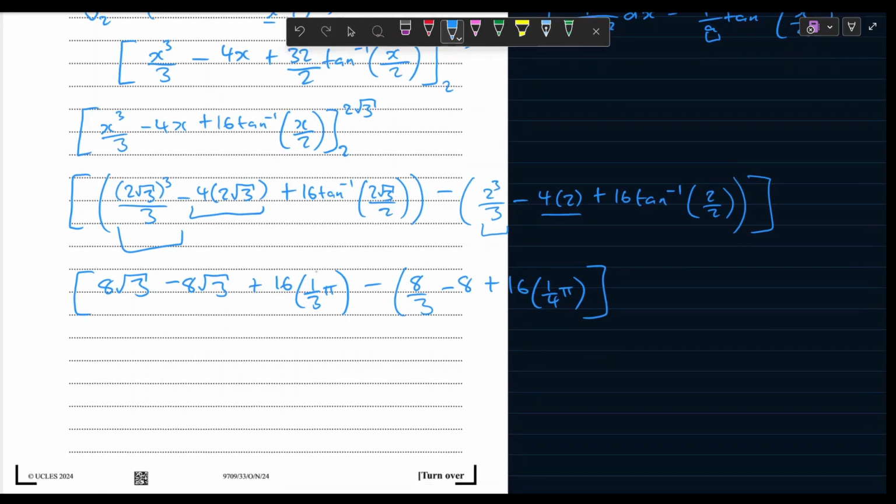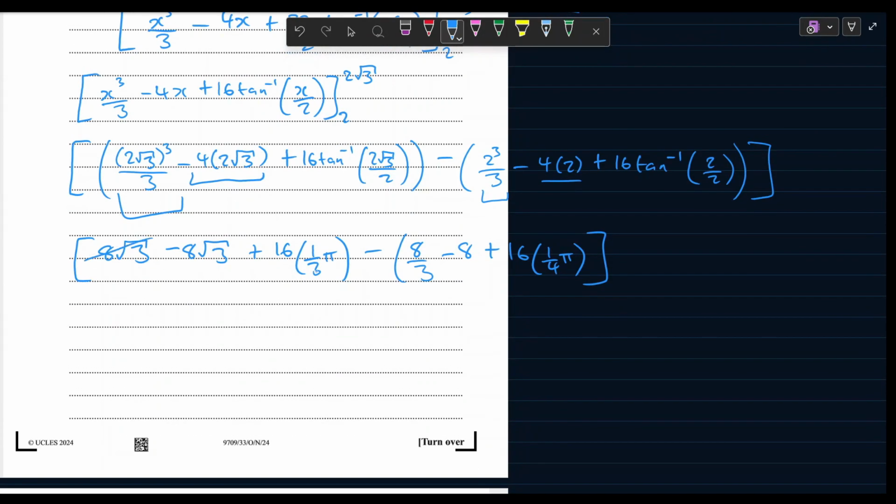Okay, so let's simplify. 8 root 3 minus 8 root 3 cancels out. Then we've got 16 over 3 pi minus, here we've got 8 thirds minus 8, which gives us negative 16 thirds. Then we've got 16 times a quarter pi, so that's 4 pi.